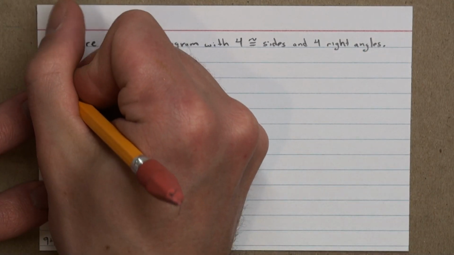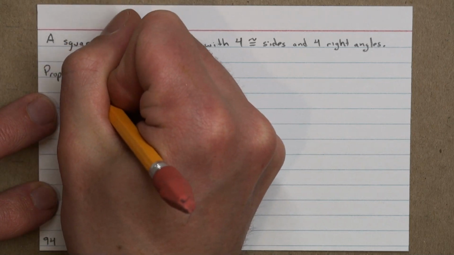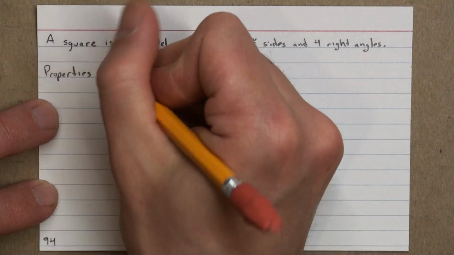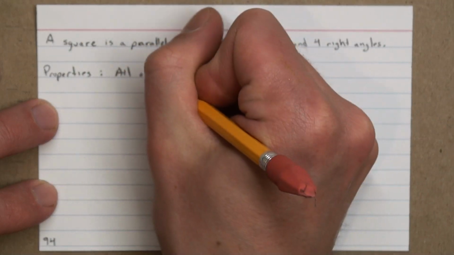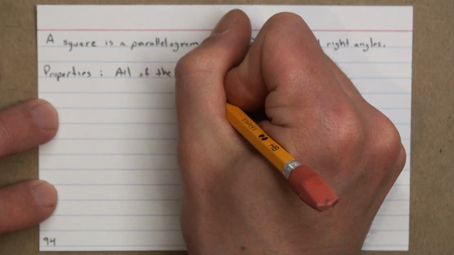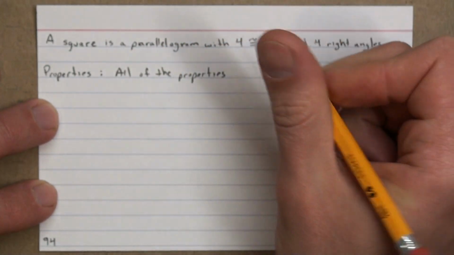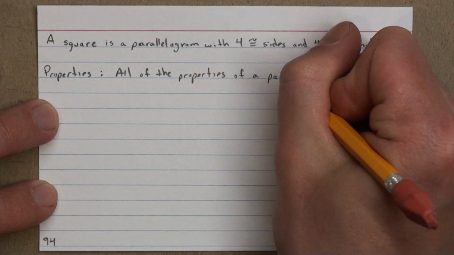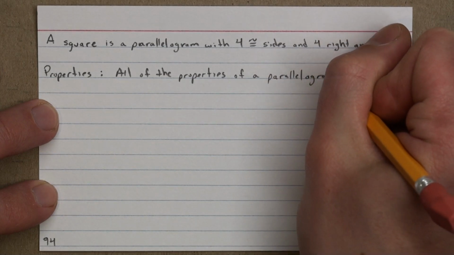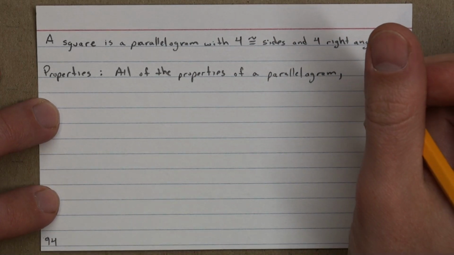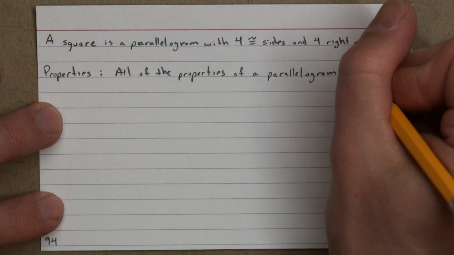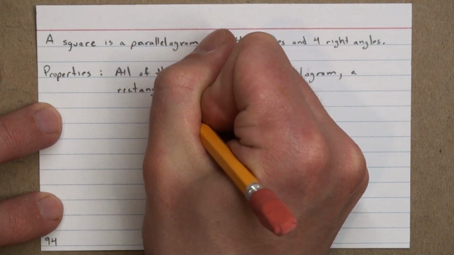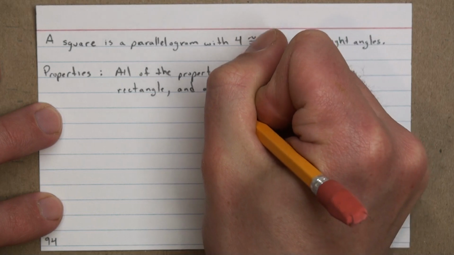So let's put the properties. It has all of the properties of a parallelogram, a rectangle, and a rhombus.